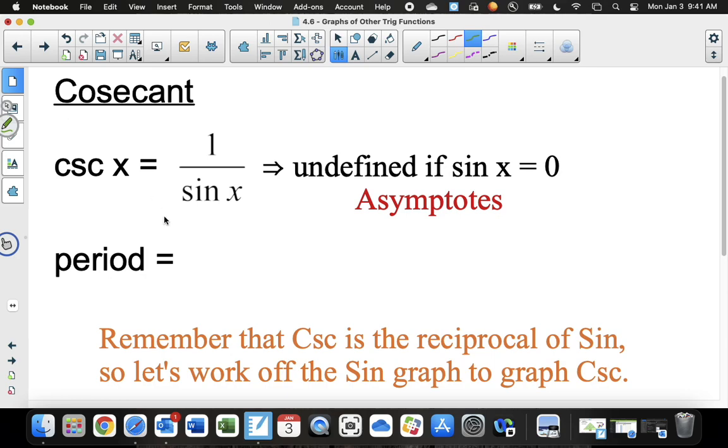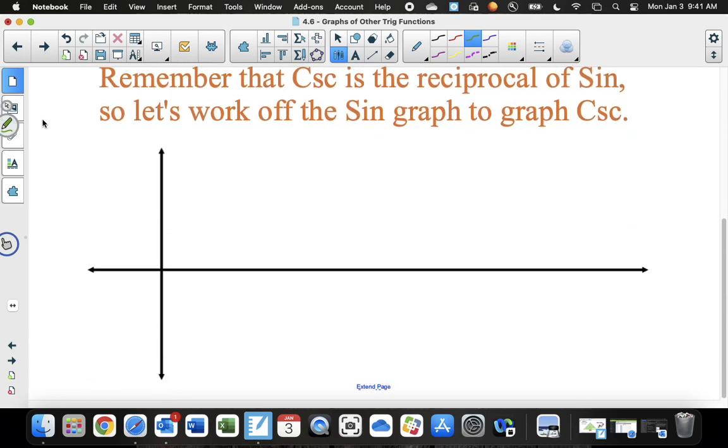Let's start there. So I'm going to go back to, let's sketch the parent function graph of sine again. Okay, and then we'll create the cosecant graph off of it. So if you remember back, we have the sine wave starting at the origin, if we don't have any shifts or anything.